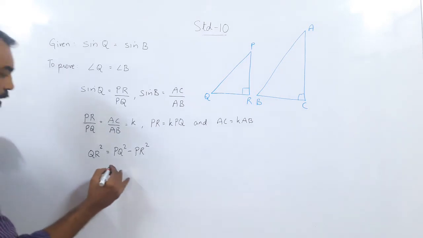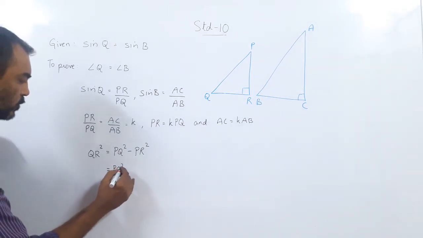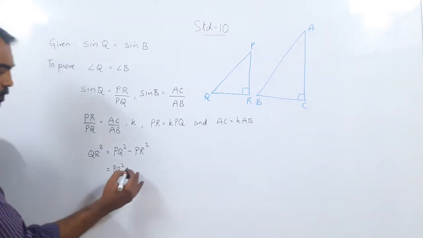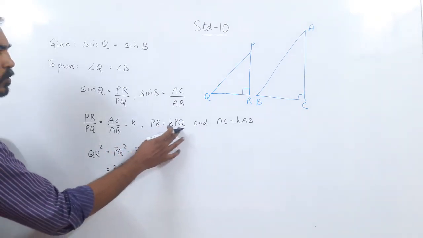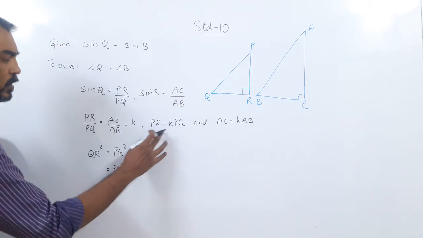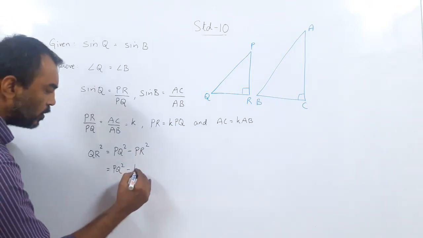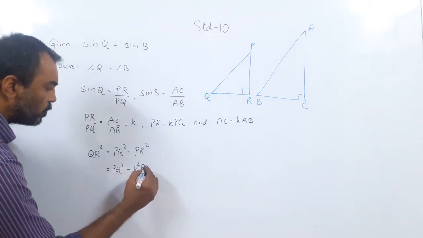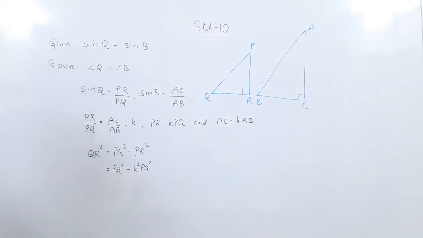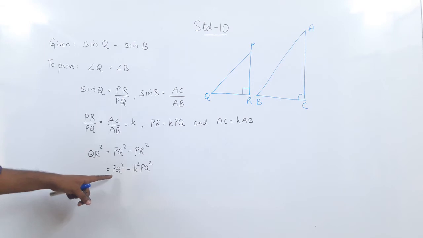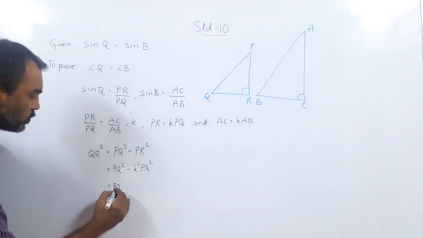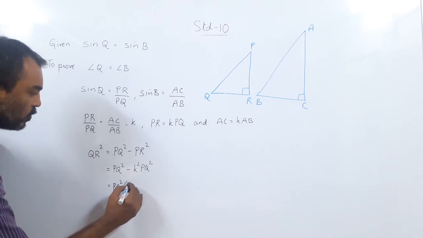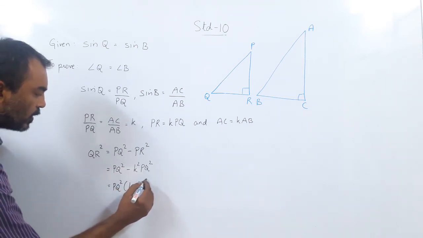So I write here PQ square minus, what is PR I got? K PQ. PR is K PQ. So what is PR square? K square PQ square. What I got? QR square equal to PQ square minus K square PQ square. Okay? If I take out the PQ square common, what do I get? 1 minus K square.